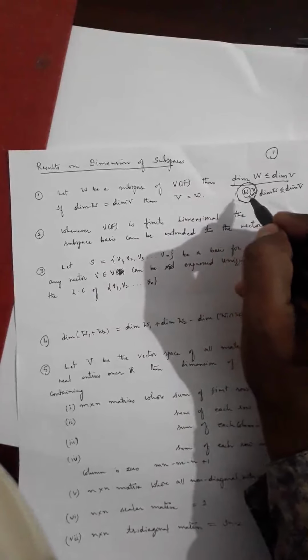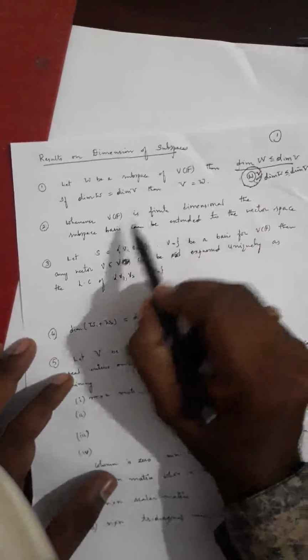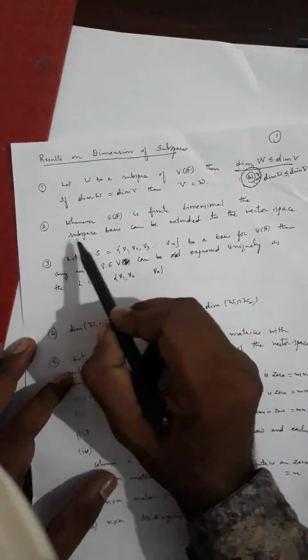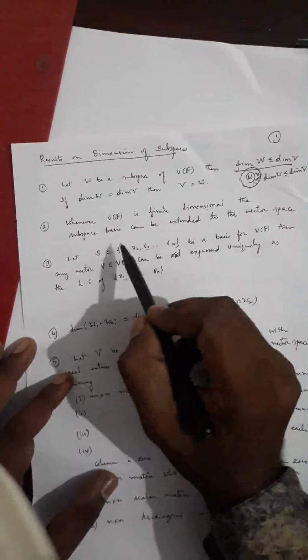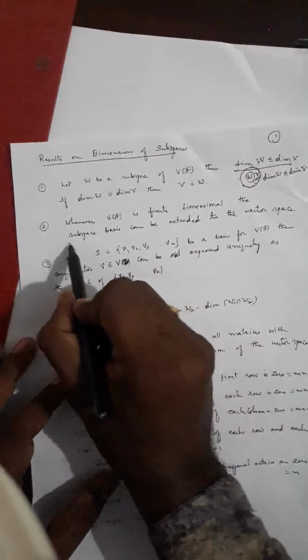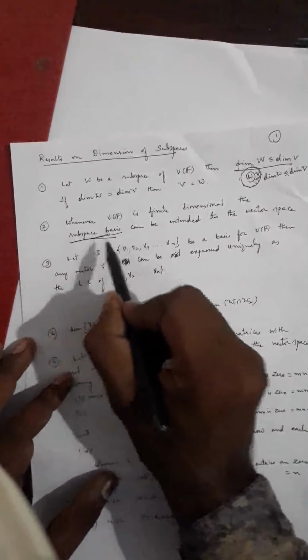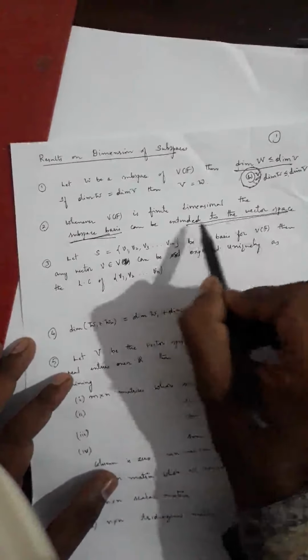One more thing. If V over F is finite dimensional, then the basis of the subspace can be extended into the vector space.